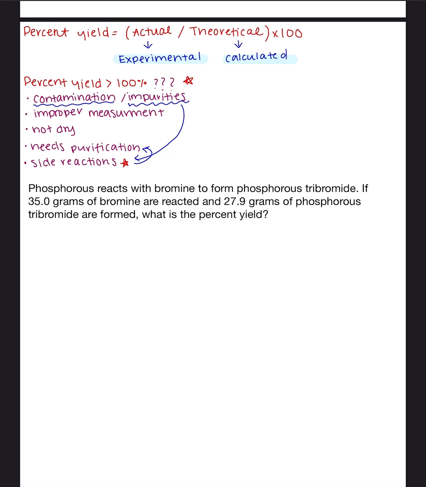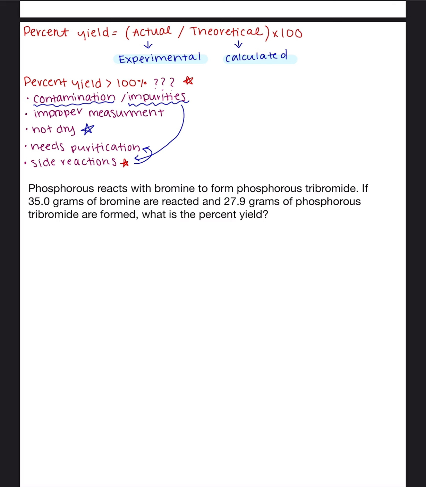But I would say the most common thing is that it's not going to be dry. Sometimes you'll use a vacuum filtration setup to dry your product, and when you measure it, it's not completely dry. In that case, your water is adding weight to your product, and that's going to cause your percent yield to be greater.